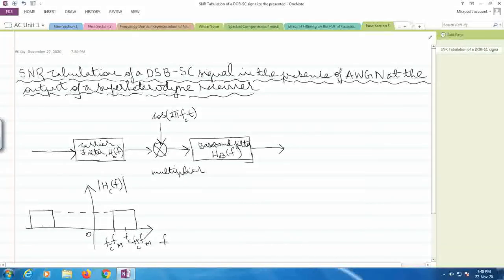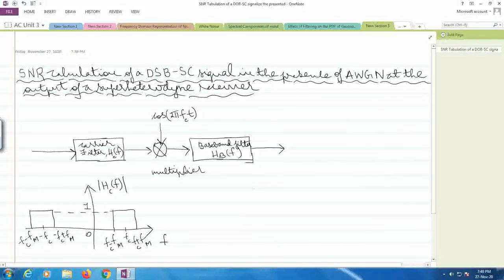On a similar note, towards the negative end, it extends from minus fc plus fm to minus fc minus fm, again the center frequency being minus fc, and the magnitude is equal to 1. So you can simply say that we are considering an ideal carrier filter, which as you all know is an ideal band pass filter.